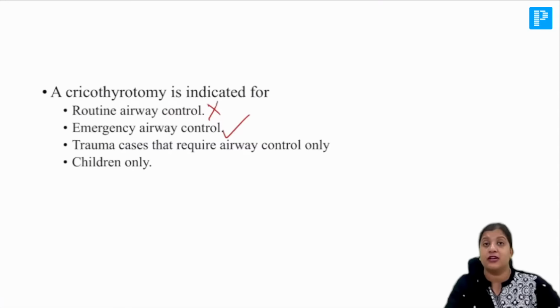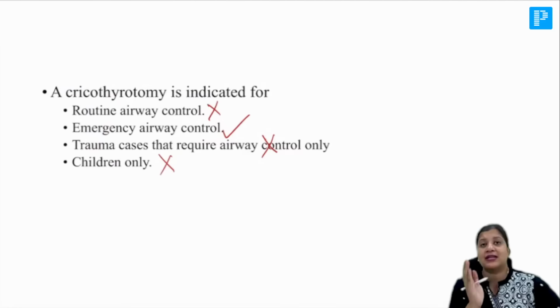Yes. Whenever there's an emergency to access the airway, with no time for tracheostomy, then we do this. Trauma cases may or may not require it, but it's not a mandatory thing. And children only is again wrong. In children, we can do cricothyrotomy. This is a misconception that most students have, that cricothyrotomy cannot be done in children.